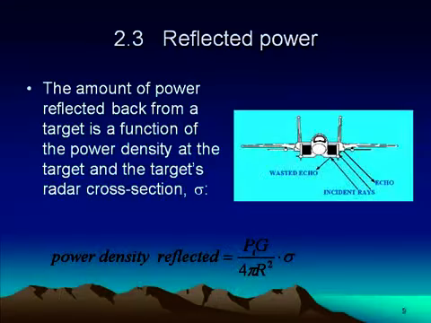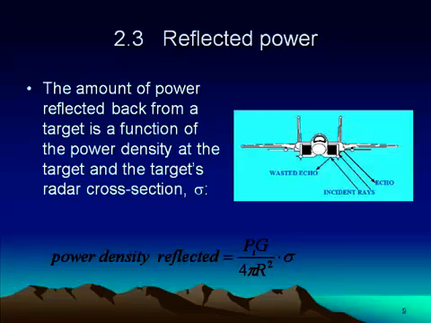If this much power density is available at the location of the target, the target is going to get a certain amount of power. That is power density multiplied by the area of the target. The area is what is seen by the radar system, that is, the radar cross section of the target.